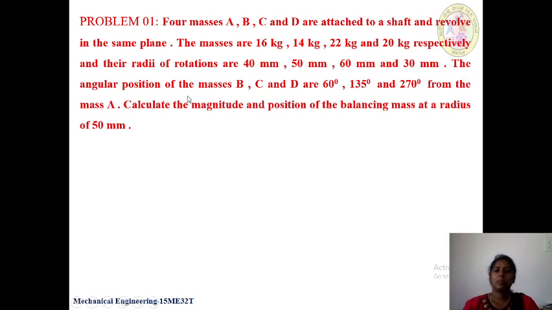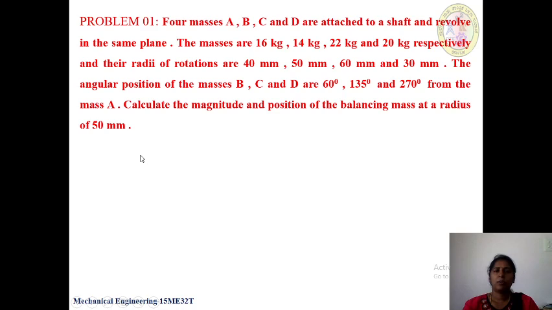The angular positions of masses B, C and D are 60 degrees, 135 degrees and 270 degrees from mass A. Calculate the magnitude and position of the balancing mass at a radius of 50 mm.